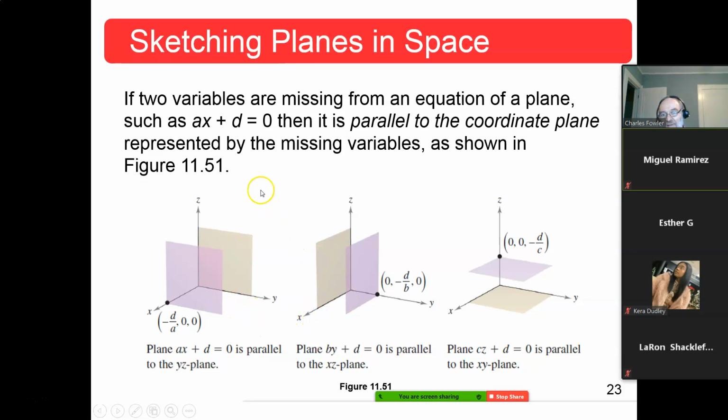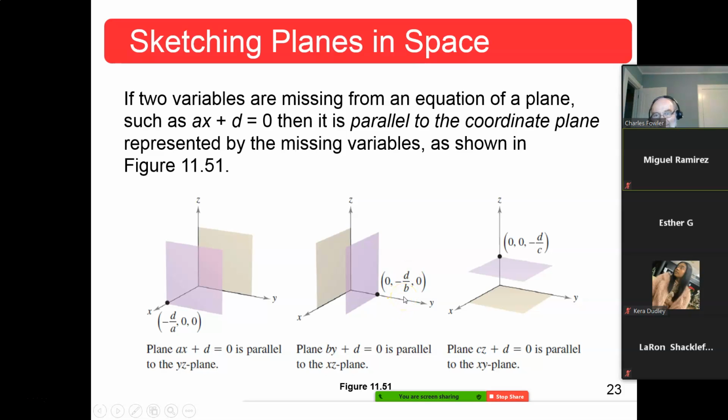Now, if you set x equals 0 here, let's see, that's not what I want to do. Oh, I'm sorry. Yeah, this would be the plane by plus d is equal to 0. And again, they've got a positive value here given as negative d over b.